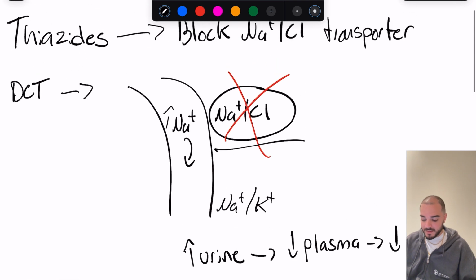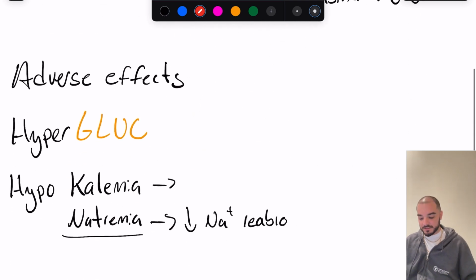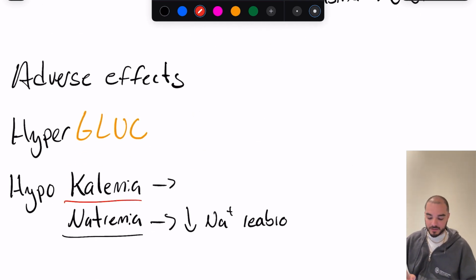There's going to be such an increase in the amount of sodium passing through that it's going to try really hard to absorb all the sodium it can. But that doesn't come without its consequence: every time this guy tries to absorb sodium, he's going to be letting go of potassium. And that's how we get our hypokalemia.